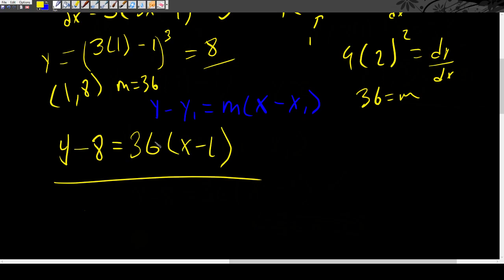So if you know how to do this, don't even bother doing your distribution and moving over your y coordinate, because it's not worth it, and making a mistake at this point would be awful, especially if it was an actually hard problem. If I got this far and then made a mistake putting it into y equals mx plus b, I'd be so mad.